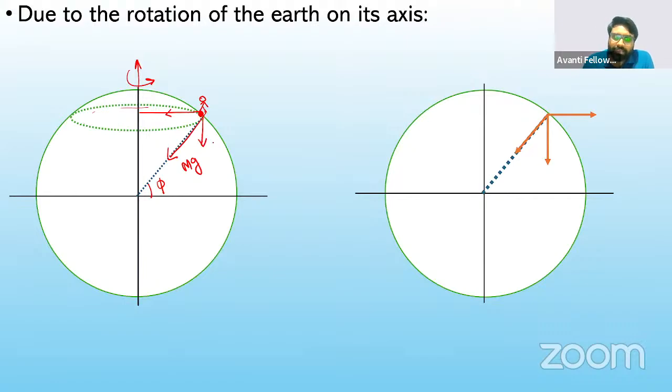This component will become mg sin phi, because this angle will become 90 minus phi. Okay. And one of the components will come in this direction. Okay. Just a second.